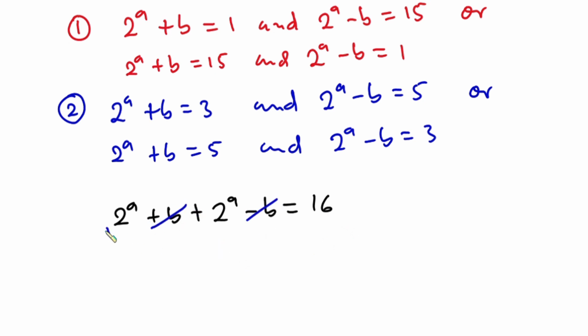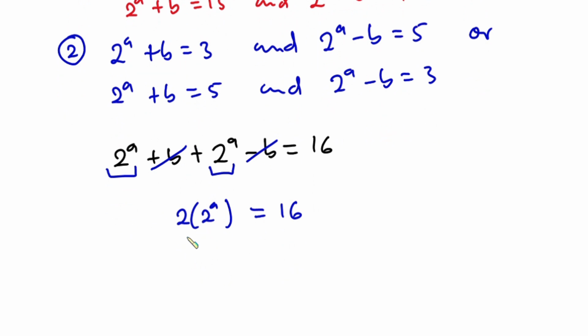Now we are left with 2 to the power a plus 2 to the power a, which is the same as 2 times 2 to the power a. Then this is equal to 16. Now remember, we are looking for a, so let's divide each side of the equation by 2, so that we have 2 to the power a is equal to 8. And this 8 is the same as 2 to the third power.